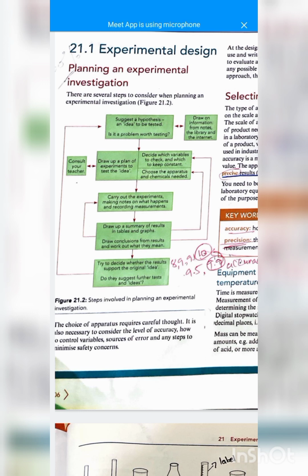That means there should be some third agency causing the problem, like some mosquito or any other fly. So we have concluded from our result that the basic problem causing the disease is water.